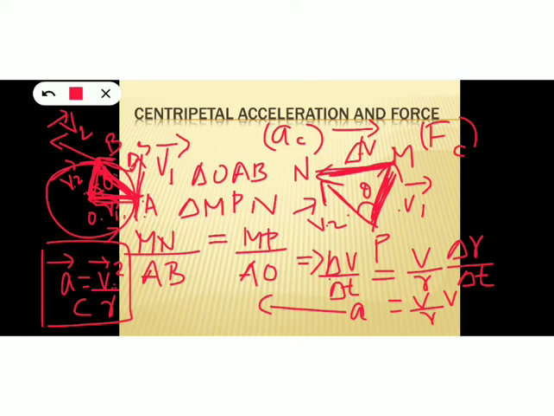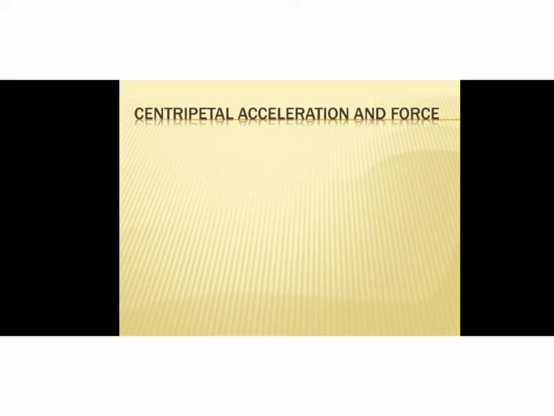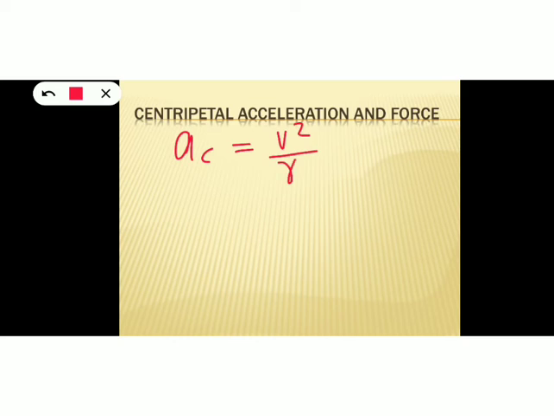And what is the expression for centripetal acceleration in terms of omega? So we have studied centripetal acceleration AC is equal to V square by R. And we know that V is equal to R omega. So V square will be equal to R square omega square. Substitute that V square in this expression.